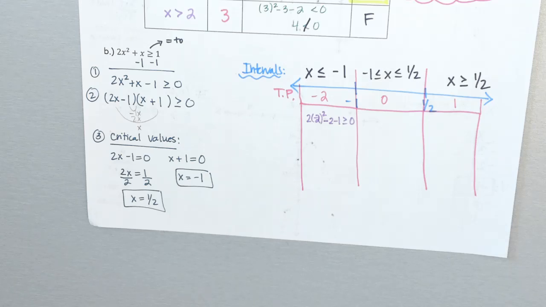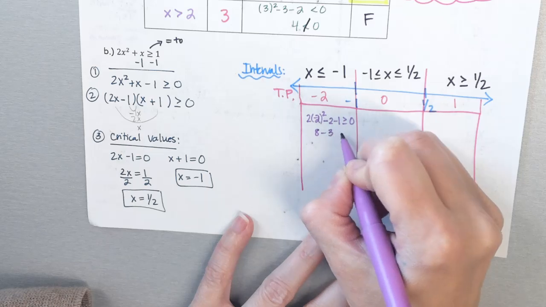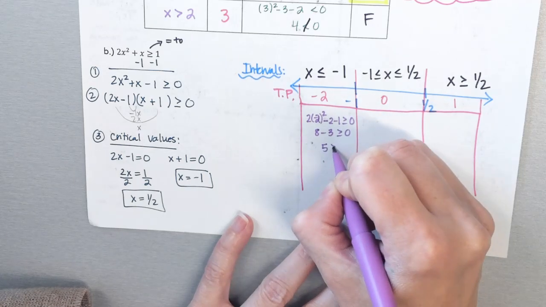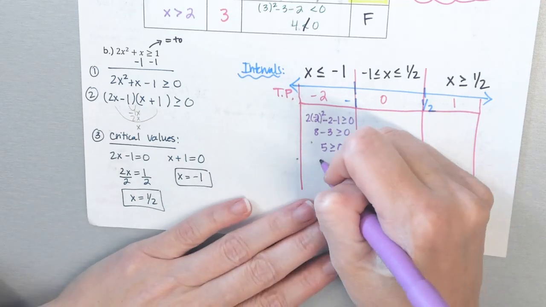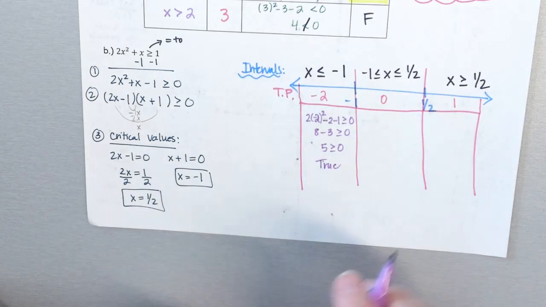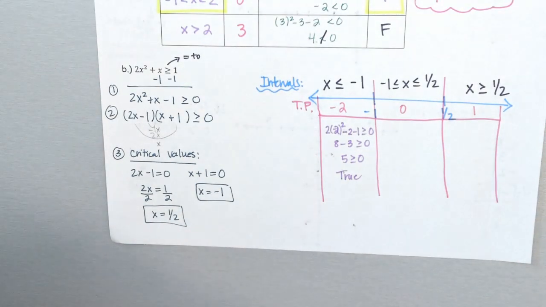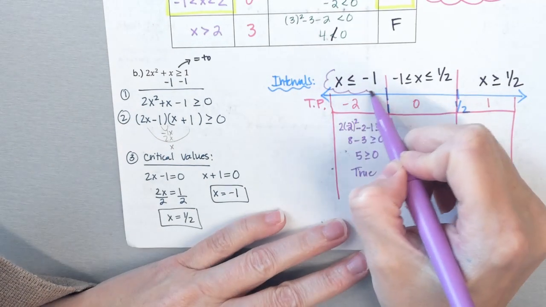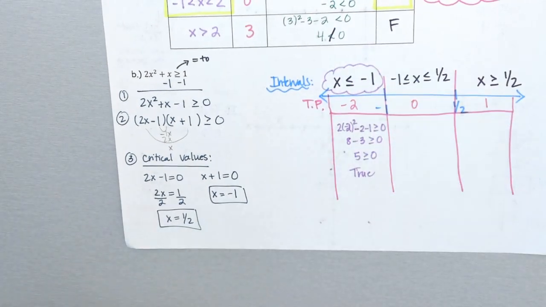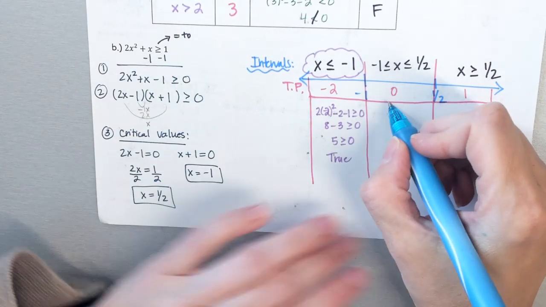So -2 squared is 4. 4 times 2 is 8. So you have 8 minus 3, which is going to be 5. So is 5 greater than or equal to 0? Yes, so that's going to be true. That means part of your answer has to be this interval.